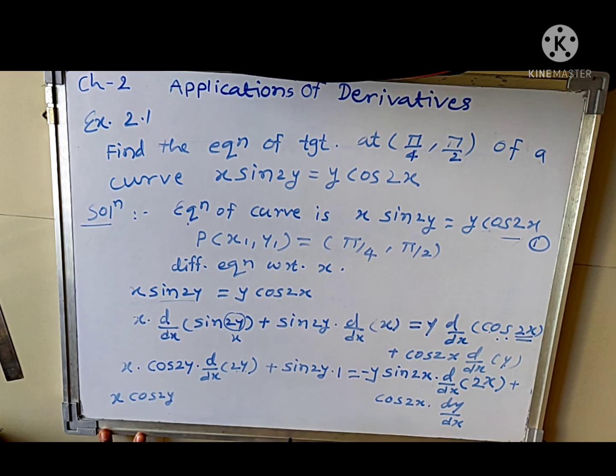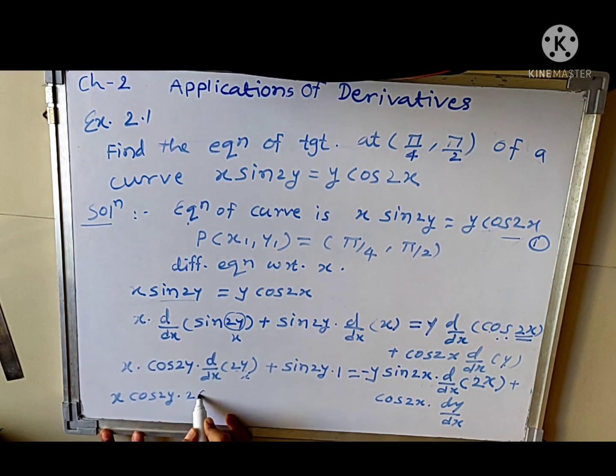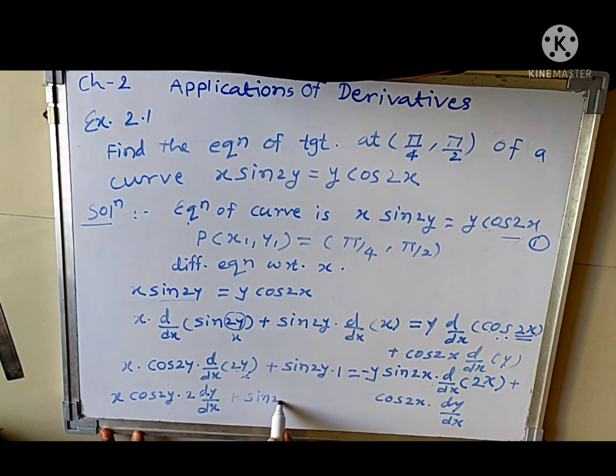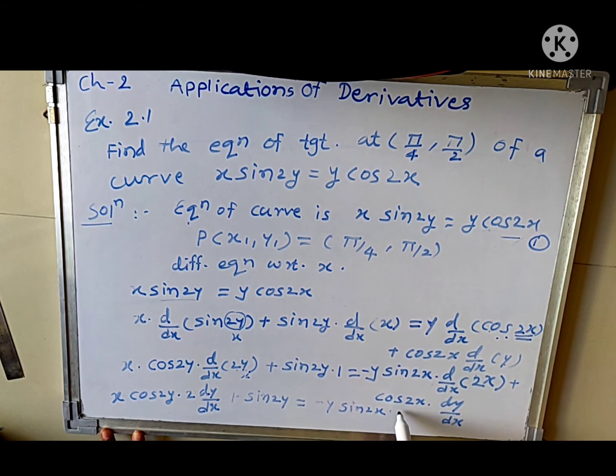Here the derivative of 2y, consider y as x, derivative of 2x is 2, and derivative of y is dy by dx, plus sin 2y equal to minus y into sin 2x into derivative of 2x which is 2, plus cos 2x into dy by dx.